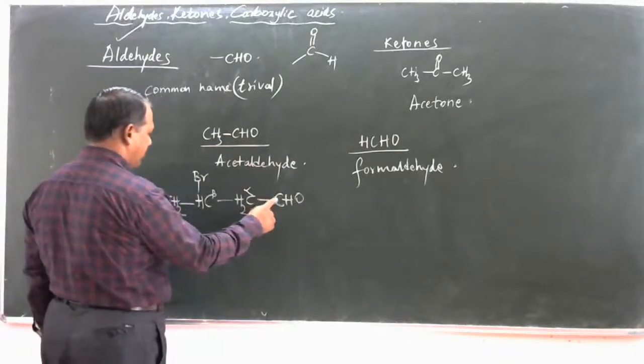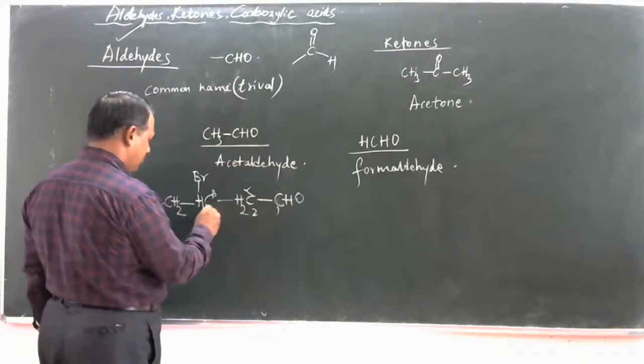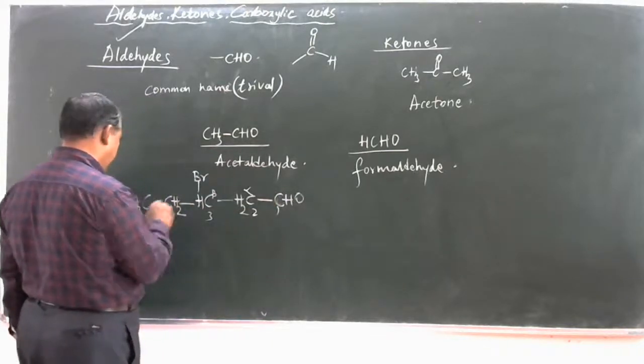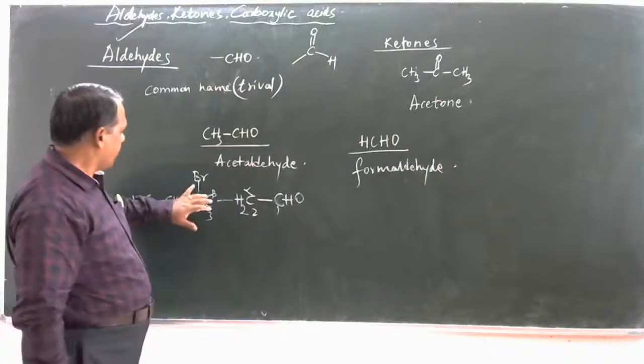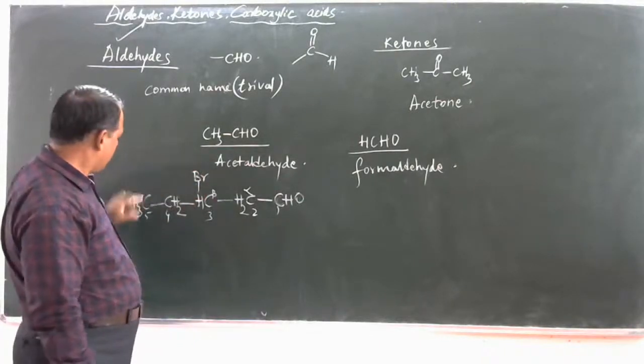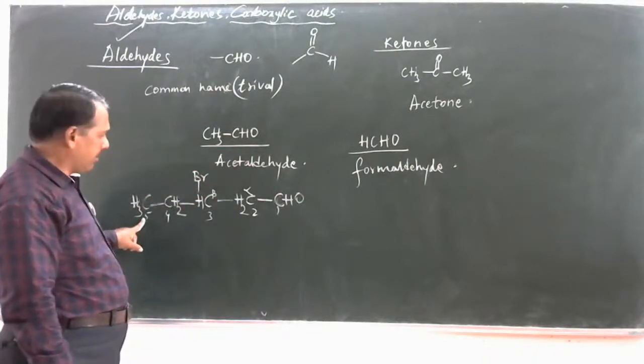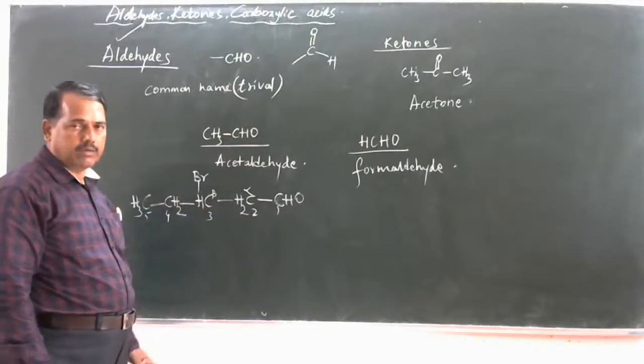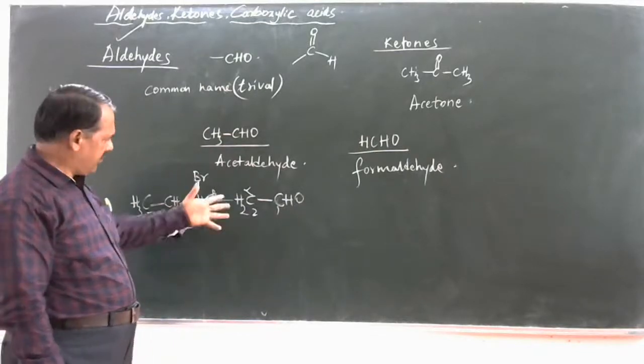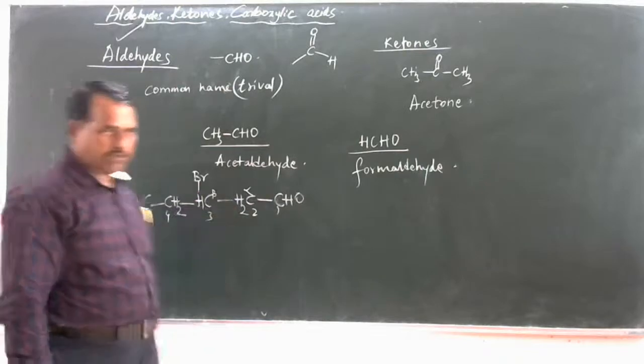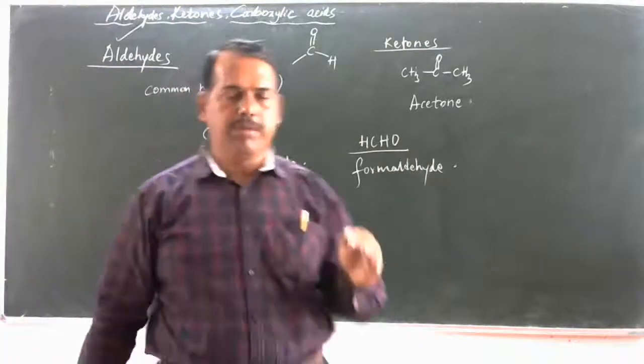How many carbon atoms are there? 1, 2, 3, 4, 5. Beta-bromo valeraldehyde. Are you clear?